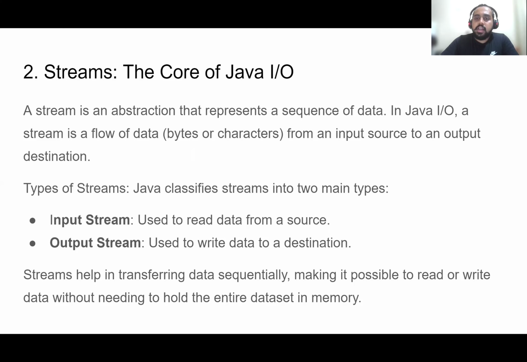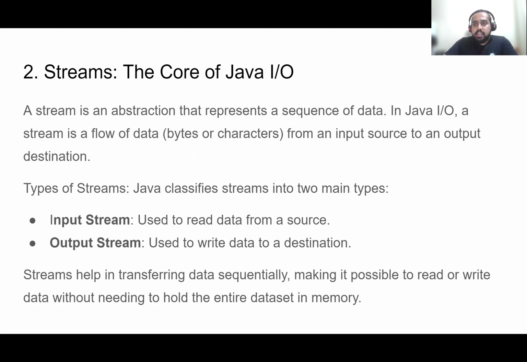That would cause an overhead, and if something happens, there is a chance of data loss also. So a stream is an abstraction that represents a sequence of data. In Java IO, a stream is a flow of data.